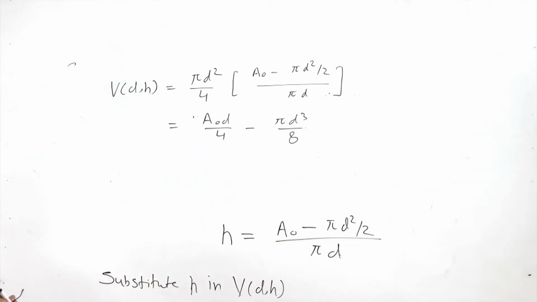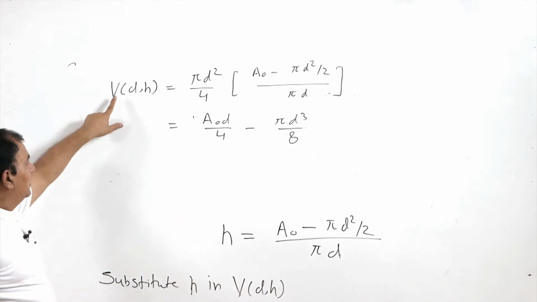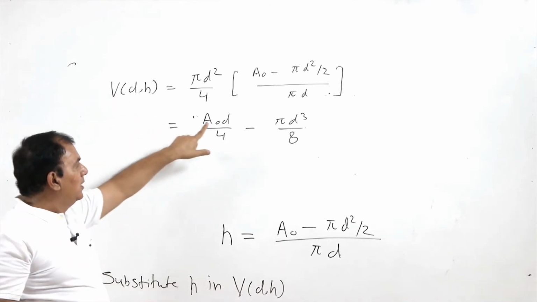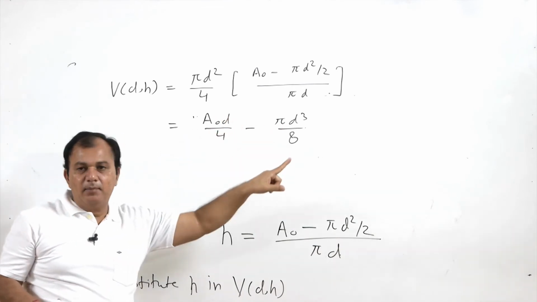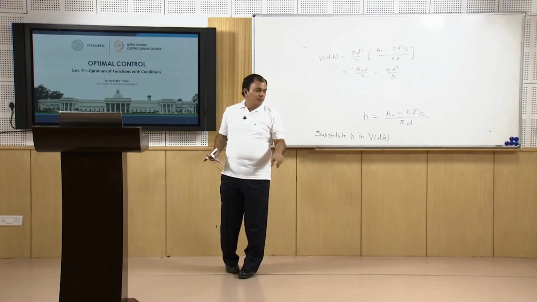So, now I am writing my V with only one variable d.